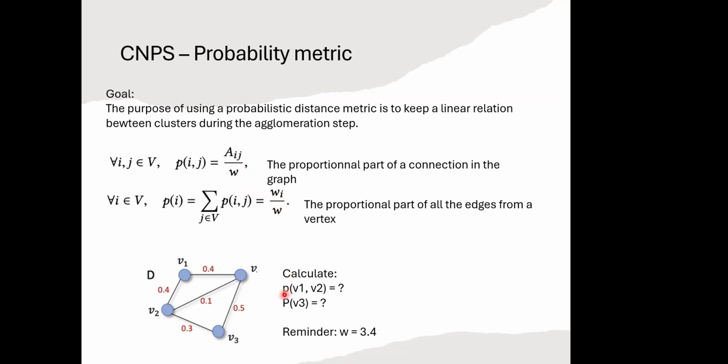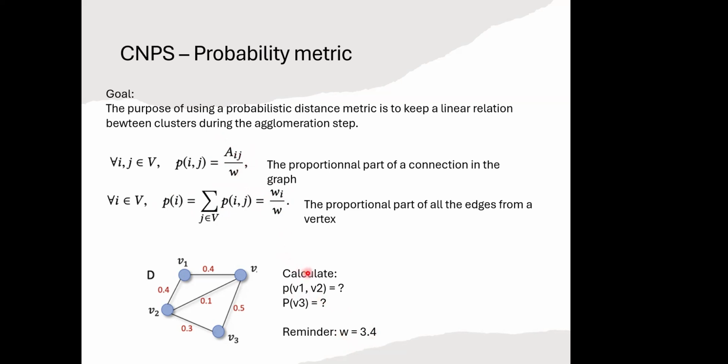Can someone help me calculate P(V1, V2) using the formula above? And a reminder: you don't need to tell me the number, just tell me what to do. And remember, the weight W is 3.4.